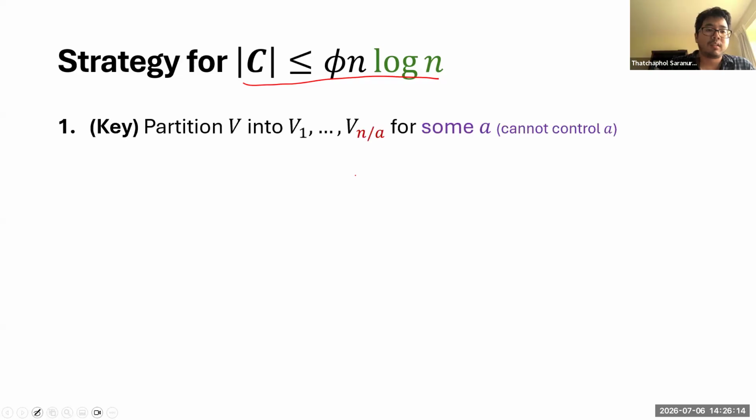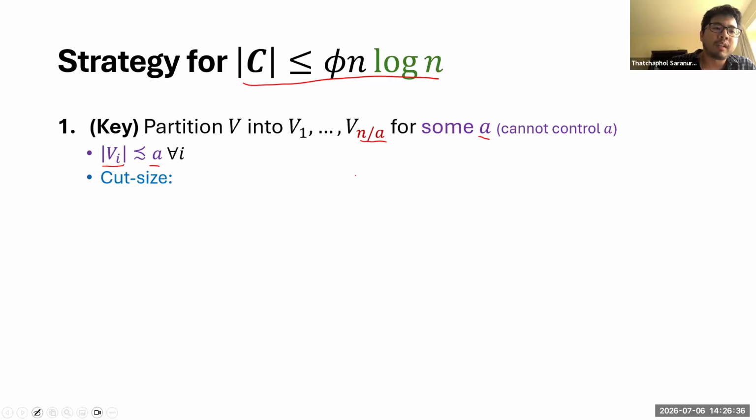First, we're just gonna partition the node set into parts, something like n over a many parts, where a is some parameter that we cannot really control. It's just some a. And what we know is that every part has size roughly at most a.